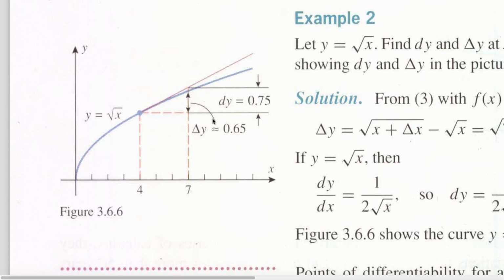So starting with my cursor here, change dx or delta x is 3. Going up along the curve is a change of 0.65 right here. Going back, changing 3 along the tangent line, dy is a change of 0.75. Not too bad, huh? Not too different, but they are different. And that's what I want you to see. I want you to see how they're different.